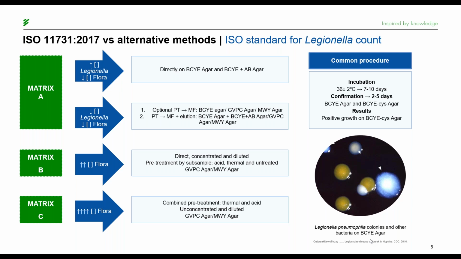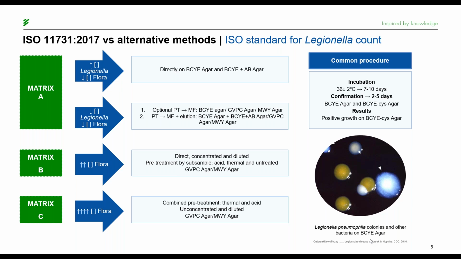Anyone who has experience with Legionella in the laboratory, either theoretically or in practice, will note that the ISO 11731 from 2017 method is complex and laborious, as there is a multitude of possible variations from the matrix with which to make a decision to follow one or another step, which will depend exclusively on the nature of the sample. And this first step is extremely important because Legionella is also a slow-growing bacteria, and the existence of interfering flora can affect it even more or even prevent it.